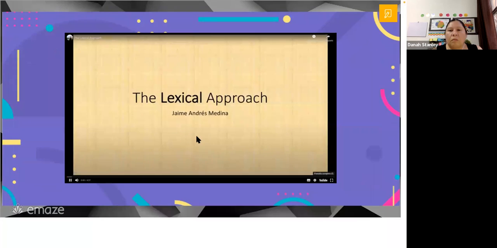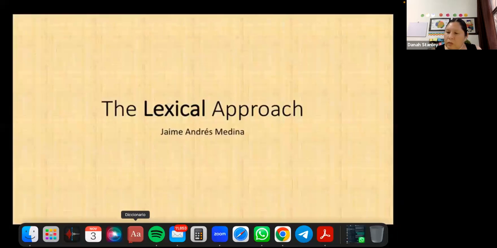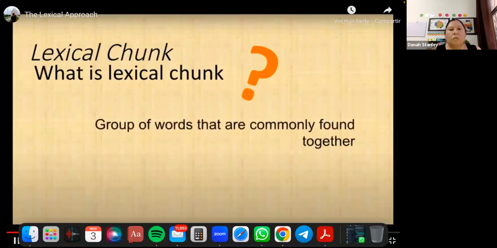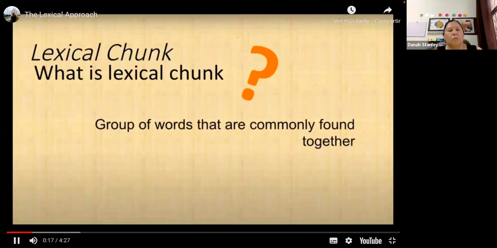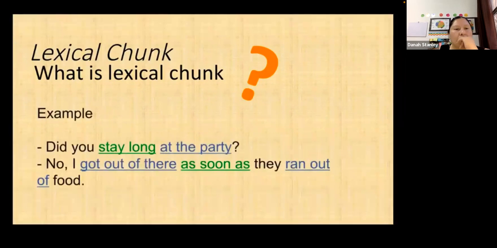The lexical approach. Before getting into the lexical approach, I would like us to first ask ourselves the following question. What is lexical chunk? Well, lexical chunk is a group of words that are commonly found together. For example, look at the following conversation. Did you stay long at the party?